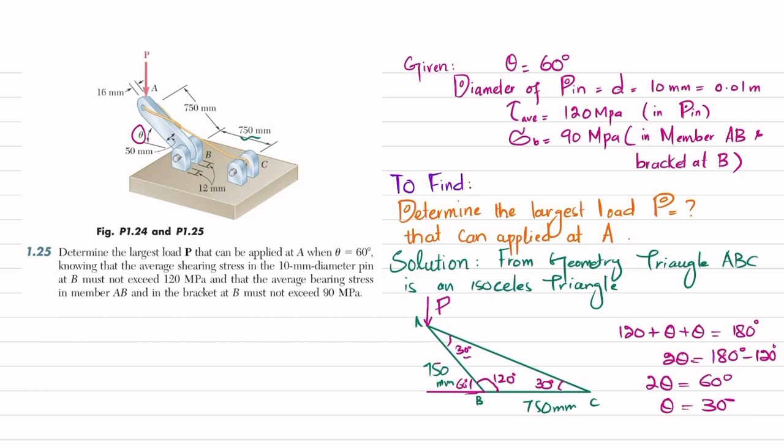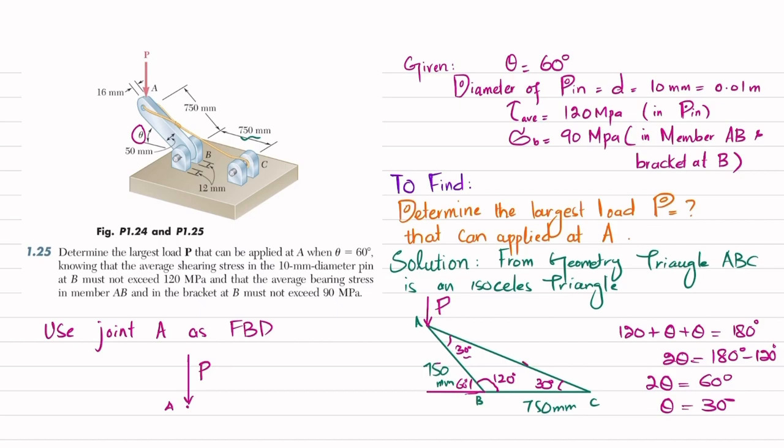Now what we will do is use joint A as the free body diagram, A as FBD. At point A, you can see you have a load of P acting at point A. At point A you can see you have a force FAC.